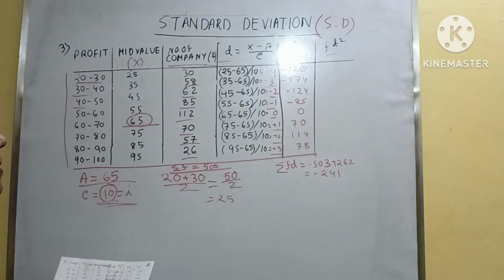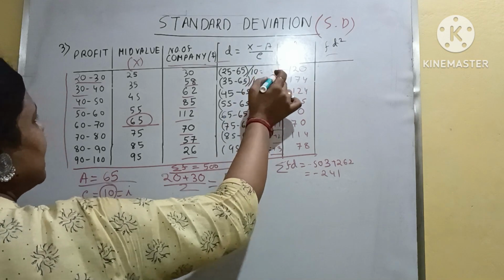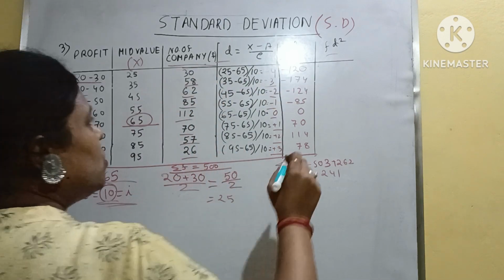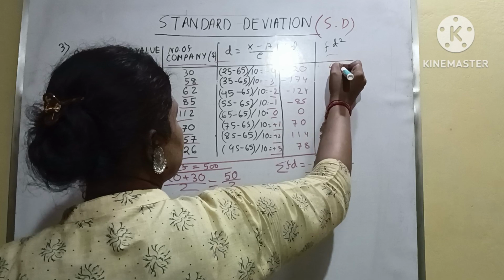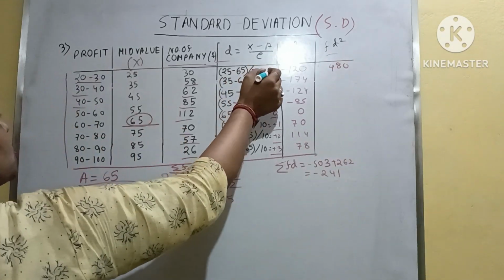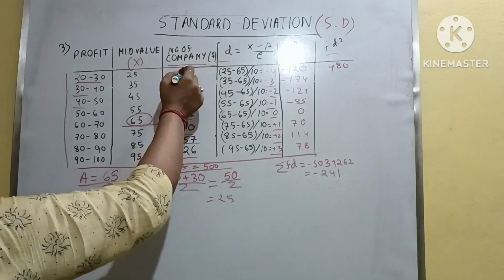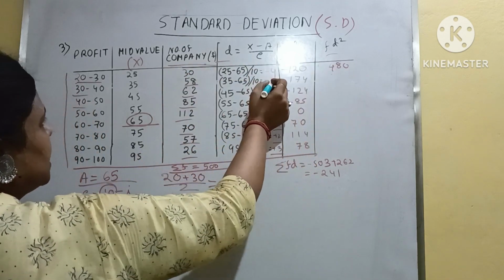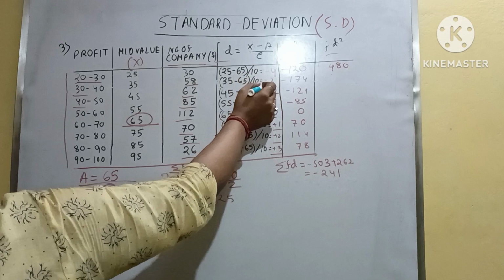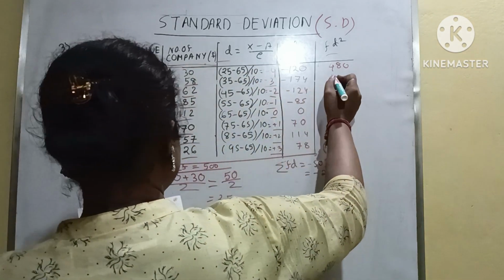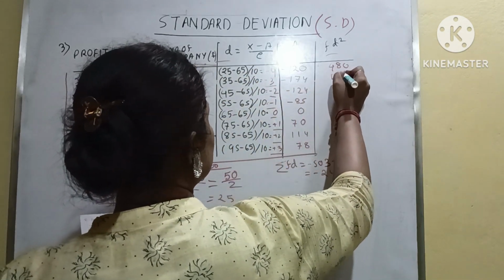Then fd square, squaring d and multiplying by f. The answer is 480: 4 square is 16, and 16 into 30 is 480. Then 3 square is 9, and 9 into 58 is 522.